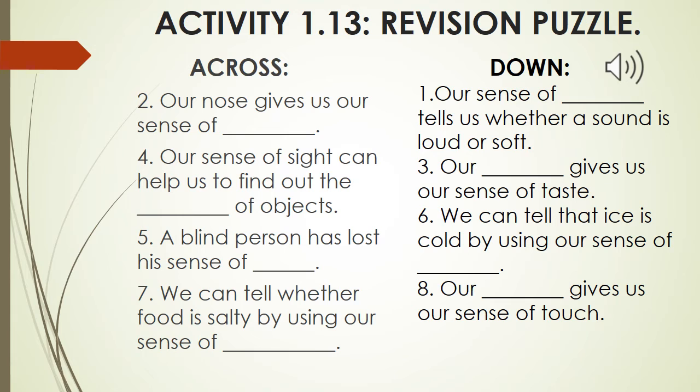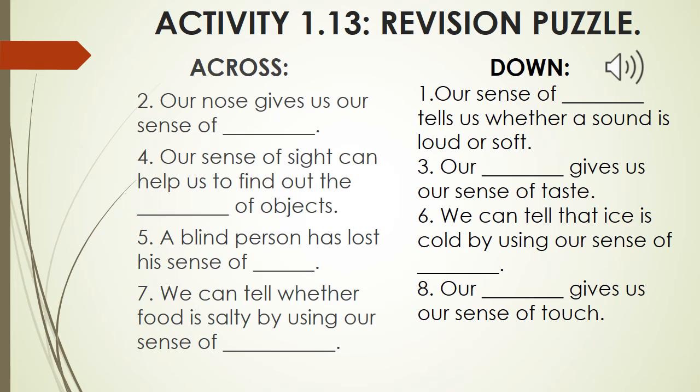The clues given in the column of down are going to be written vertically, and the clues that are given in the column of across are going to be written horizontally in the puzzle.